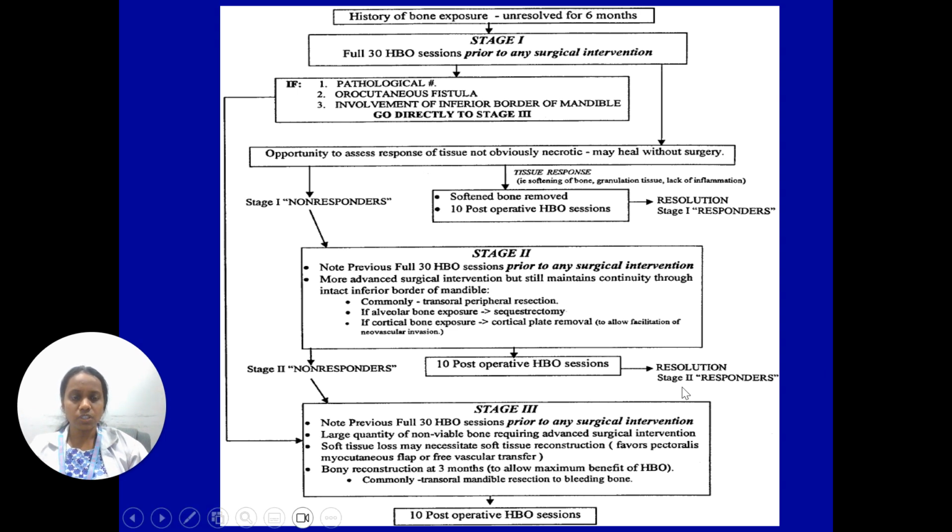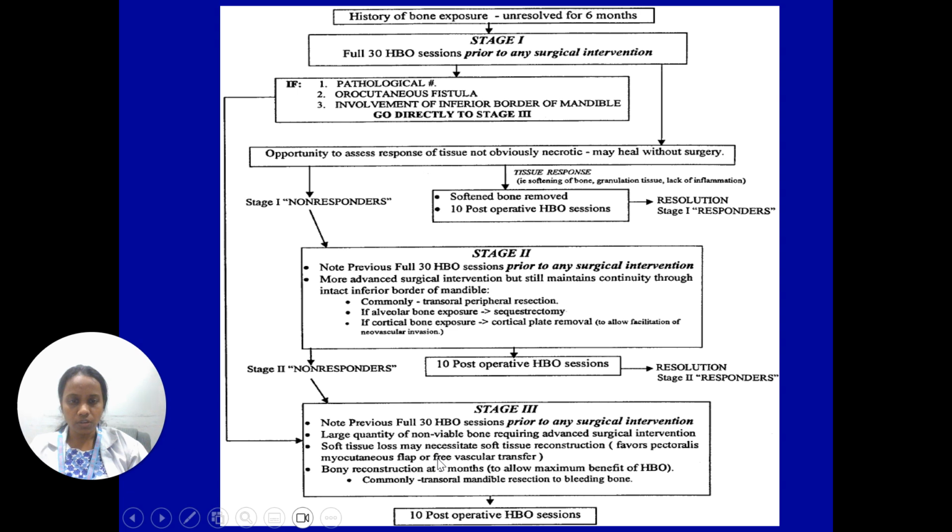If there is a resolution, they are stage 2 responders, and if there is no resolution, then they go to stage 3. That is, the previous 30 dives have been given prior to any surgical intervention, followed by surgical resection and 10 dives.